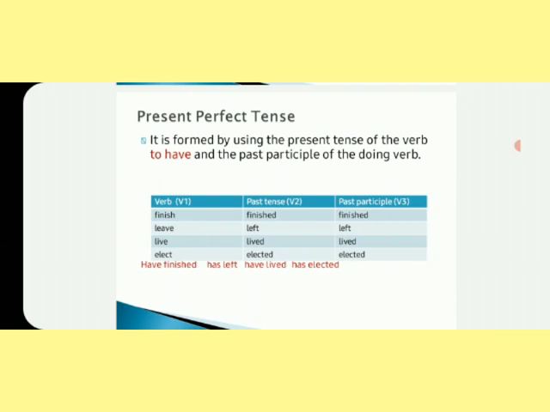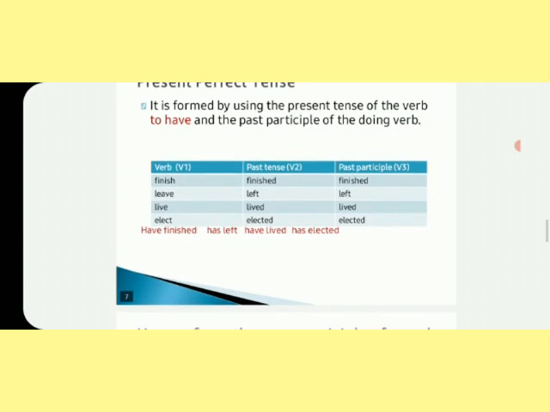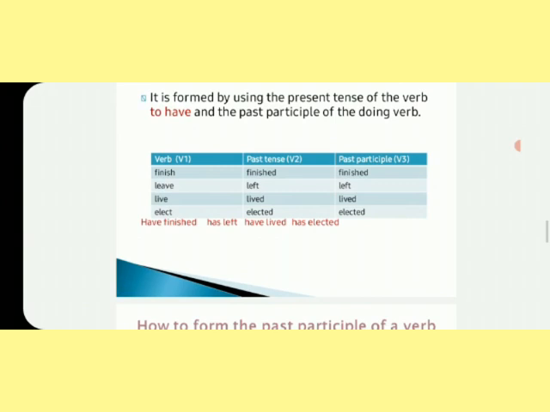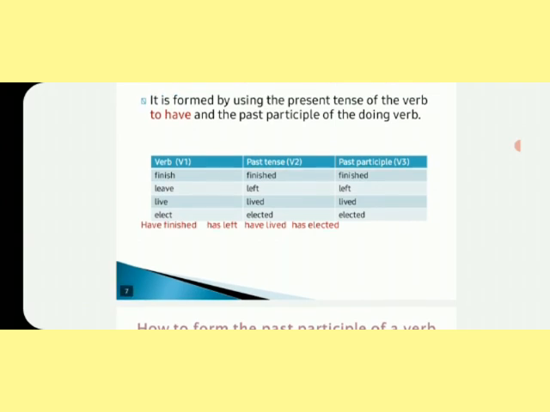So for example, finish, finished, finished; leave, left, left; live, lived, lived; and elect, elected, elected. See, some of the verbs are formed by adding ed or just changing the word. Mostly for regular verbs we add ed.